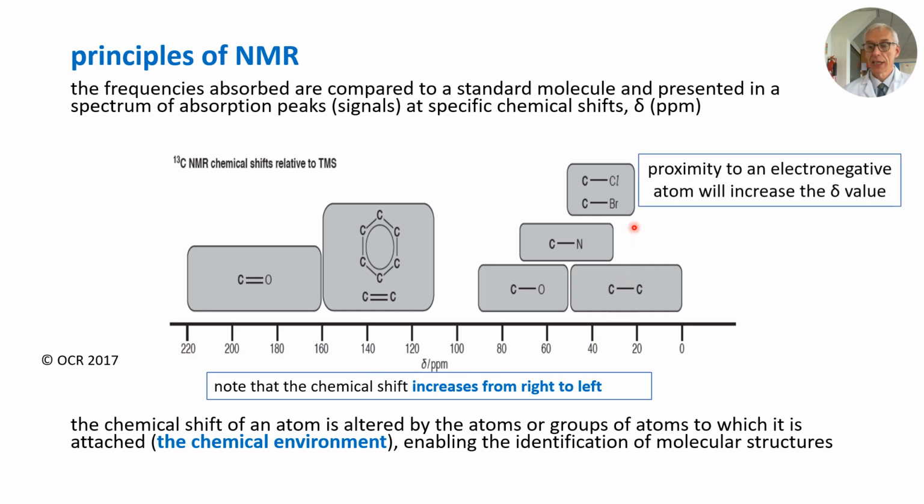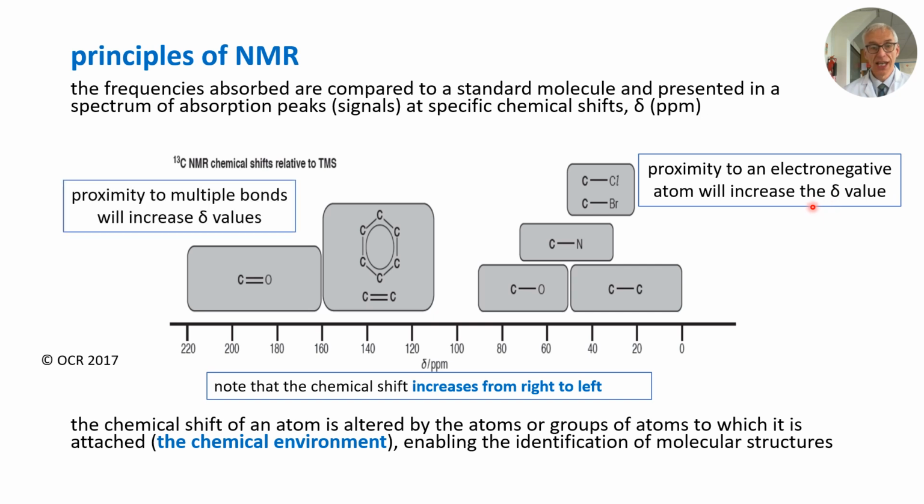Second point, if a carbon is close to an electronegative element, then the shift value is increased. Similarly, if the carbon is close to a multiple bond, for instance, a carbon double bond oxygen or a carbon-carbon double bond, that will also increase shift values.